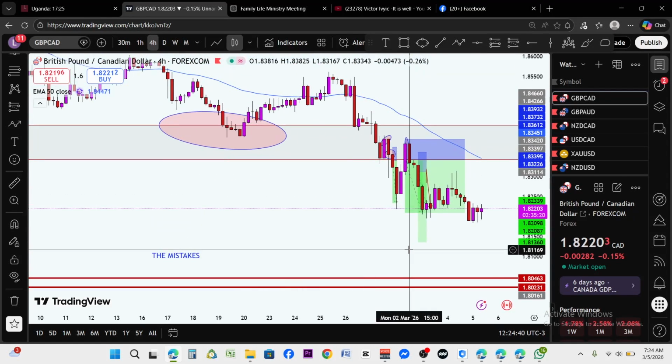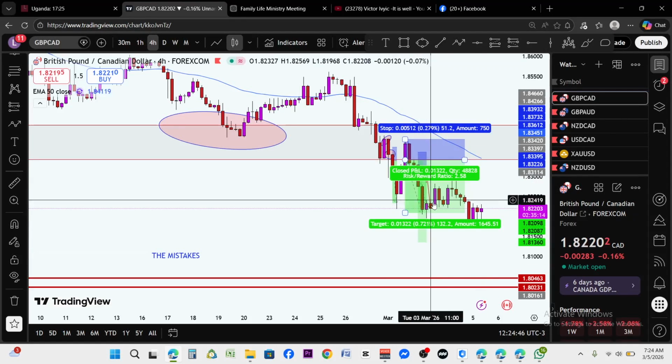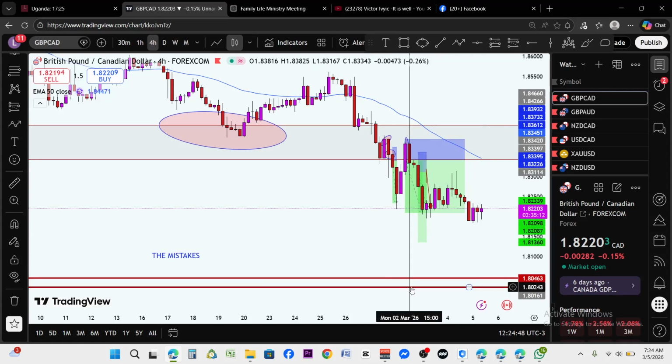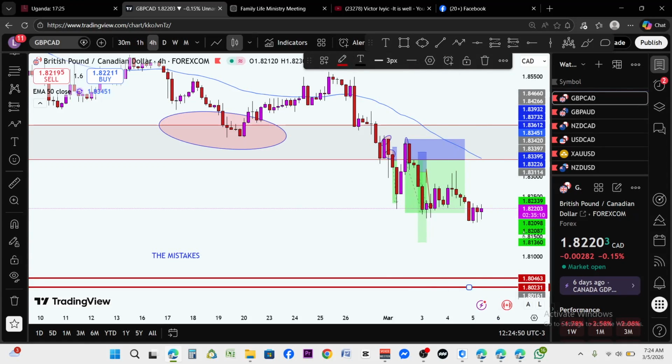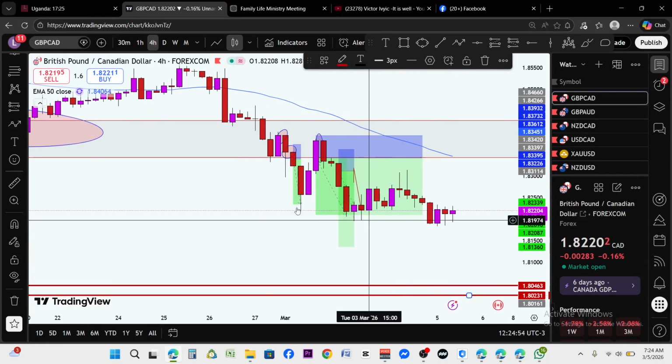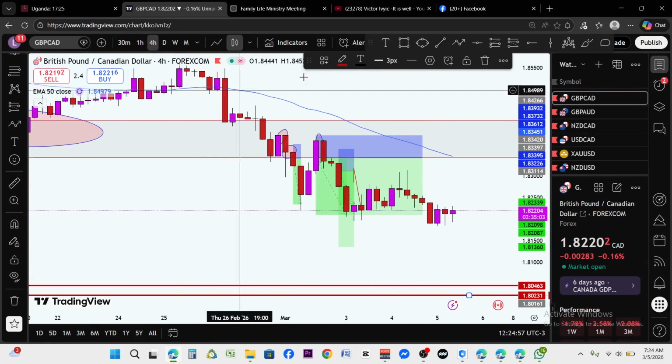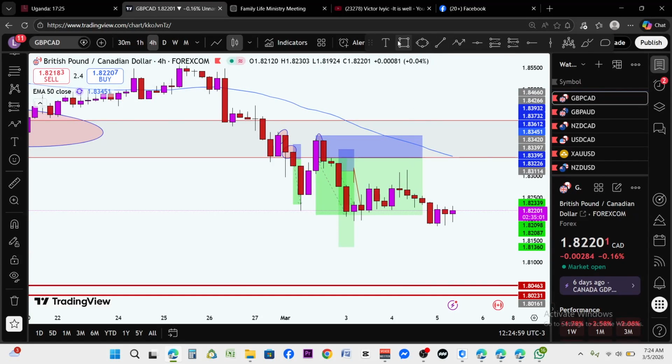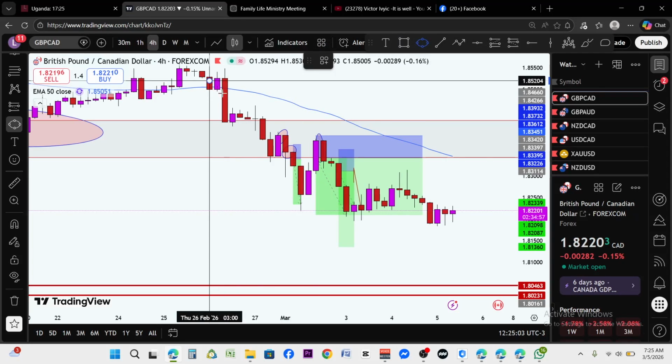Before I enter this trade here, the first step I did was I found the overall direction of the price.